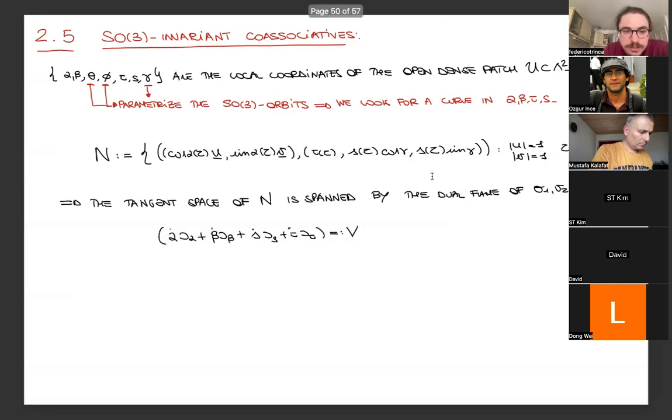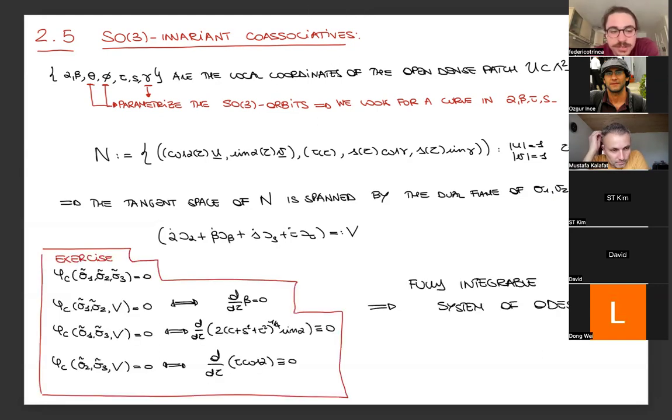And in particular, what you can convince yourself in a second is that the tangent space of N is spanned by the dual frame of sigma 1, sigma 2, sigma 3, and this is because of the observation that we had before, but also by alpha dot d alpha plus beta dot d beta plus s dot ds plus t dot dt. And so it's easy, we can just plug in the dual frame of sigma 1, sigma 2, sigma 3, which is sigma tilde 1, sigma tilde 2, sigma tilde 3. And what you obtain is exactly these equations here.